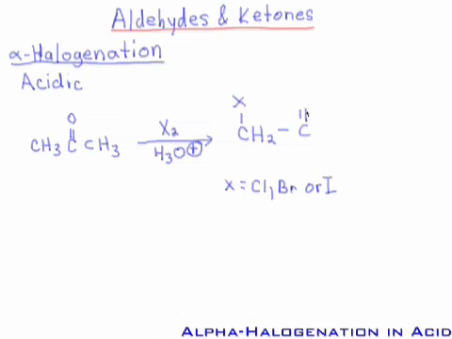Now we want to look at the mechanism of reaction so that we can understand how this process actually happens. Reactions in acid occur because of the increased concentration of enol that occurs in acid. We learned last lecture that enol concentration is very small relative to the keto concentration. But if you add H+, you can protonate.